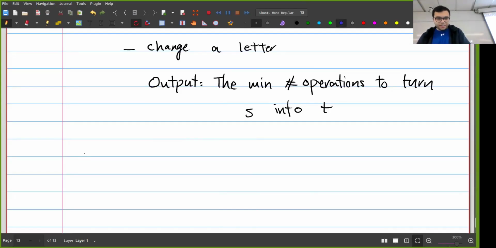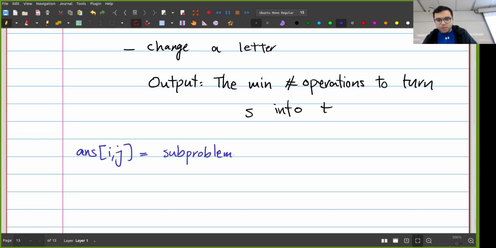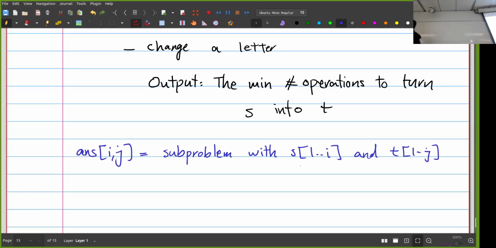Let's say that ans[i][j] is the minimum number of operations if I only had the first i letters of S and the first j letters of T. So I want to turn the first i letters of S and the first j letters of T into the same string. It's the sub-problem, like the same problem with S from 1 to i and T from 1 to j. So I only have the first j letters here, and I have only the first i letters.